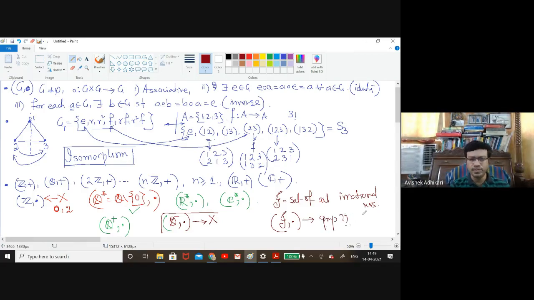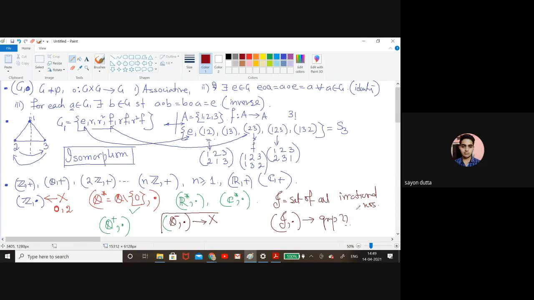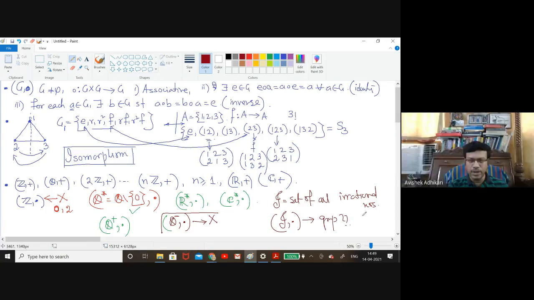Yes or no? No, sir, because root 2 into root 2 equals 2, which is... Very good. Root 2 is irrational. If I multiply root 2 with root 2, that becomes 2, which is a rational number. So again it would be a problem with respect to closedness. So that is also a big no, because that is also not a group.